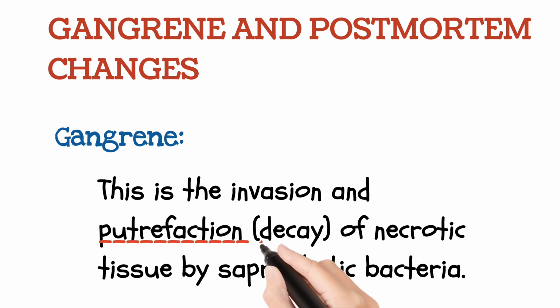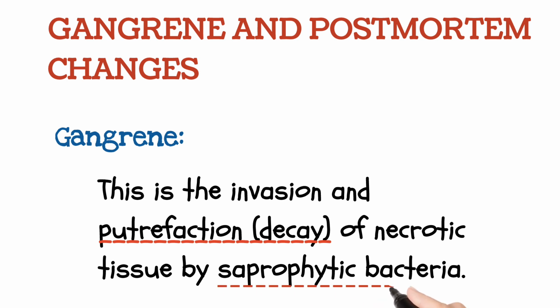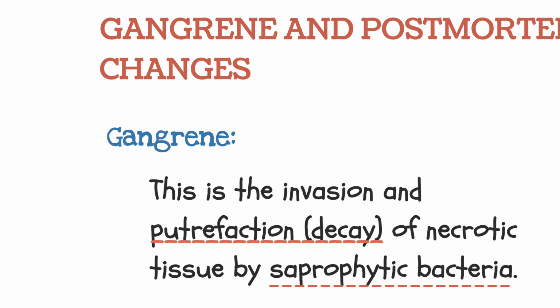Putrefaction means decay, and necrotic tissue or necrosis, I've talked about that, and the link to the video will be in my description box. Saprophytic bacteria is a bacteria that lives on a dead tissue or body. So this saprophytic bacteria invades the dead tissue or body and causes putrefaction, that's decay.